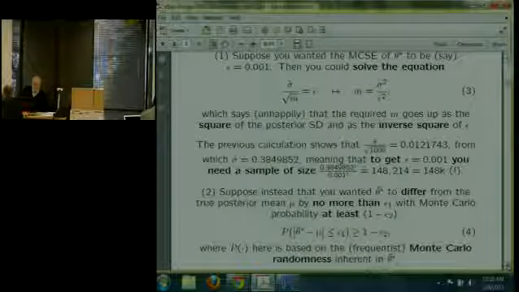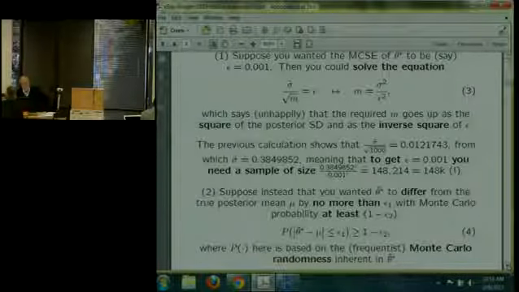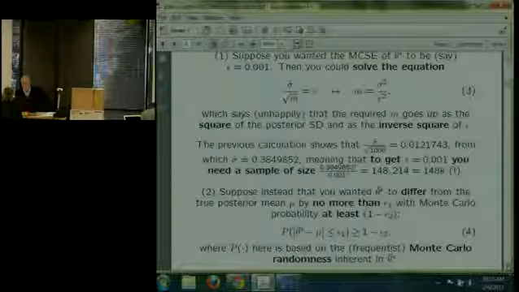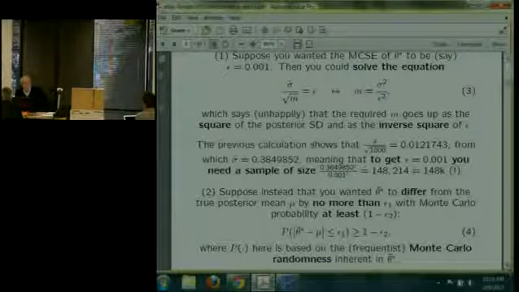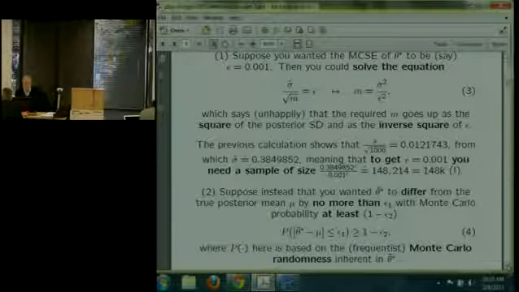Now let's do something a little bit more stringent. Suppose I wanted theta bar star to differ from the true mu by no more than a number like I did before, epsilon 1, which might be that same 0.001 as before, but I want that to occur with Monte Carlo probability at least 1 minus some other error tolerance.